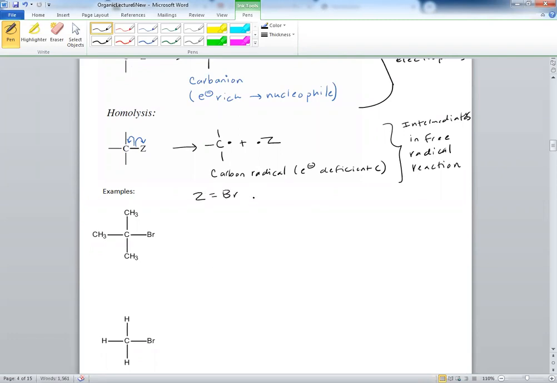And bromine is more electronegative than C. So we're going to apply on this example a heterolytic bond cleavage. You're concerned with this carbon and this bromine, the pair between them. Once again, more electronegative, that's where the arrow goes toward.